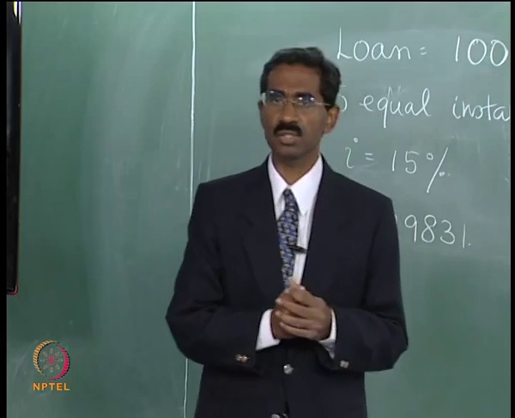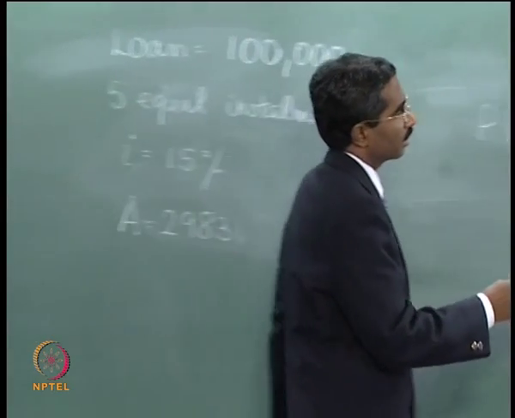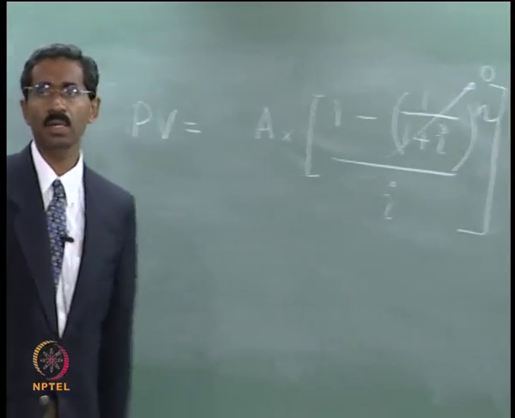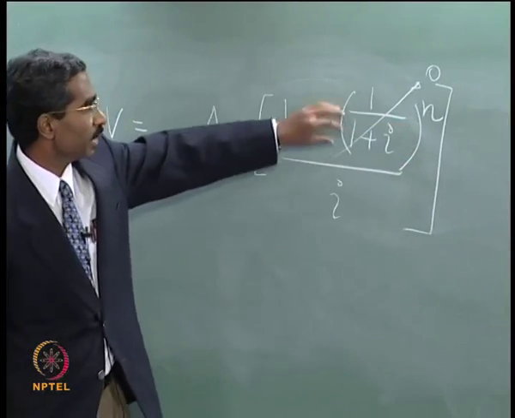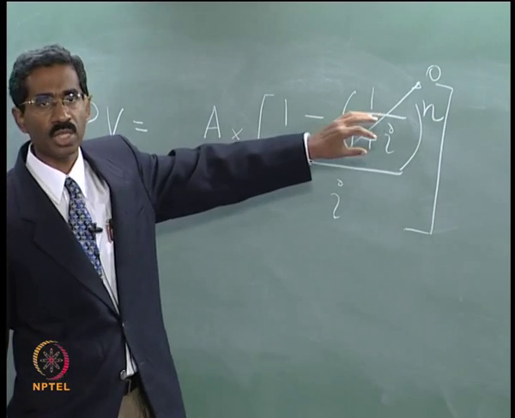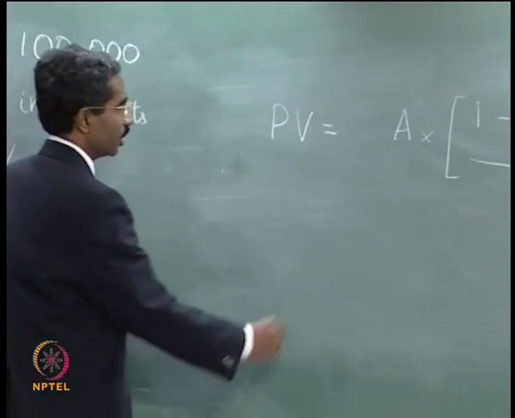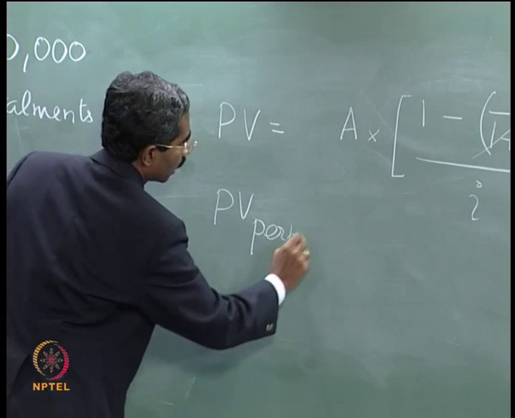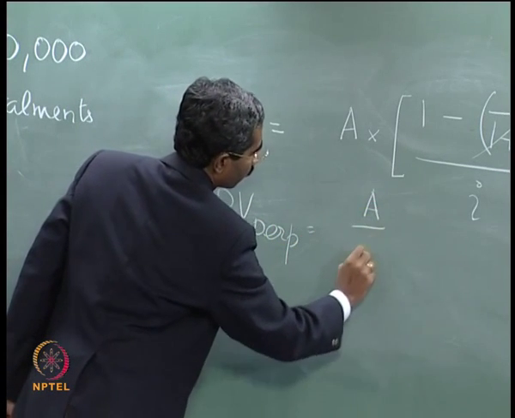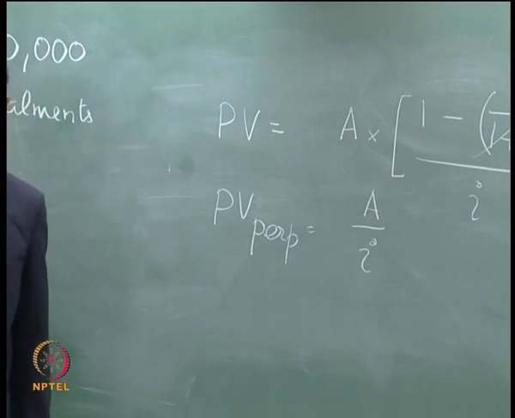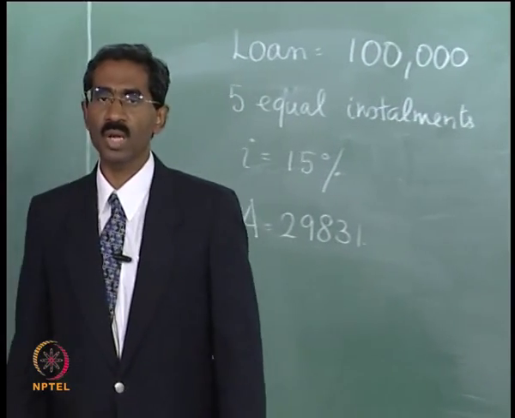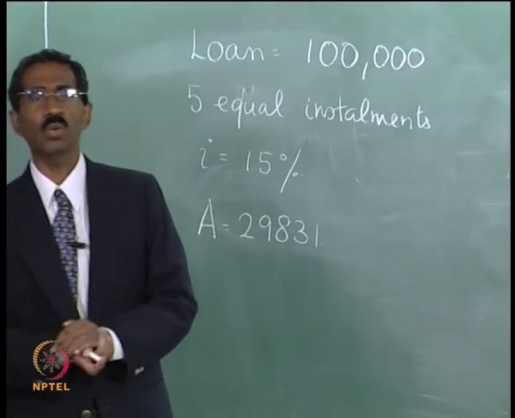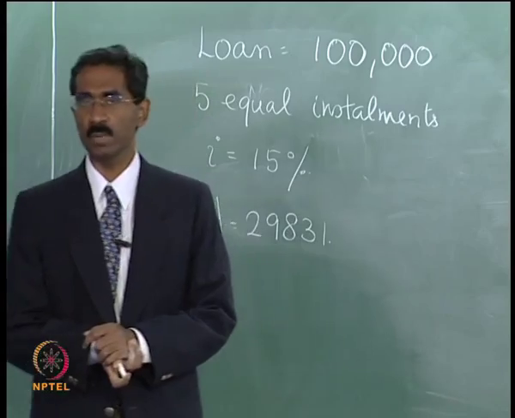So, therefore, this term will be close to 0. If n is really large, the denominator becomes really large and this becomes close to 0, and therefore, upon simplification, the present value of a perpetuity simply becomes A by I, that is, the annual installment that you get divided by your interest rate. It gives you the present value of a perpetuity cash flow stream.